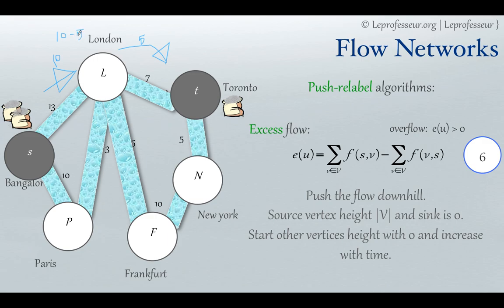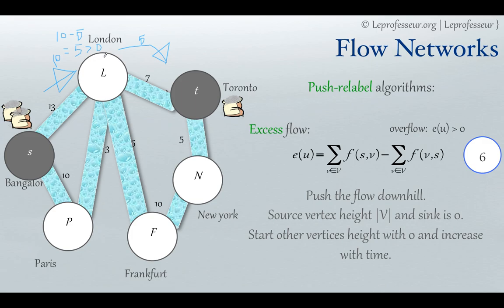Now see, the excess flow is positive for this example, so it means that this node is overflowing. Since this node is overflowing, we need to adjust its flow. The condition is that we should achieve zero overflow, so there should be no overflow.